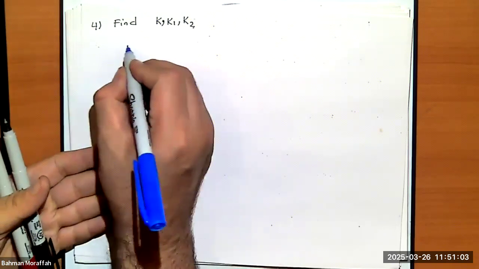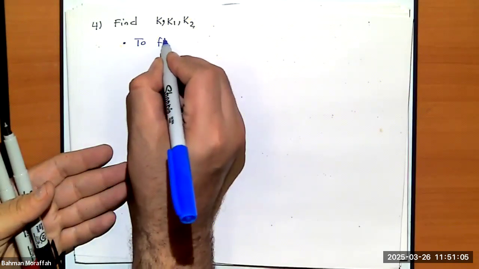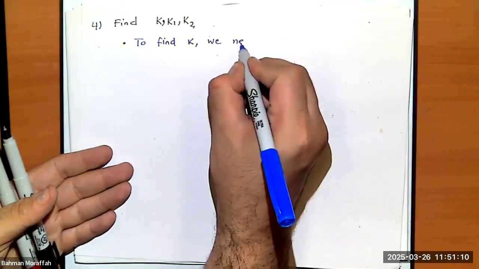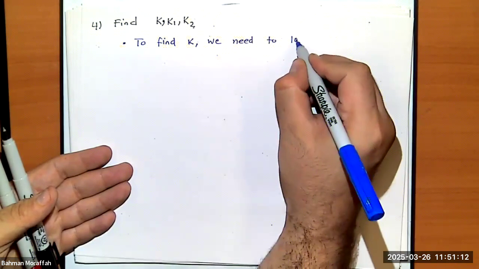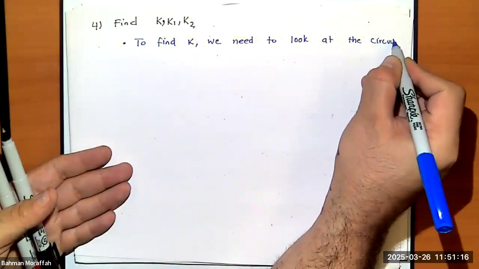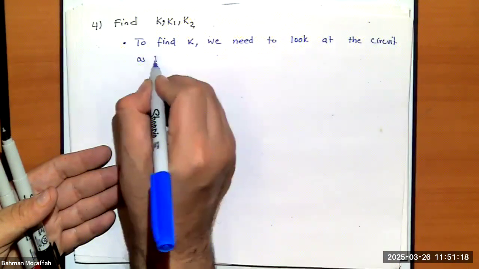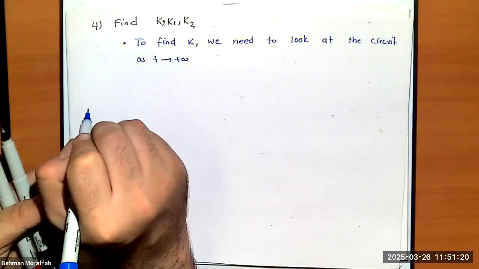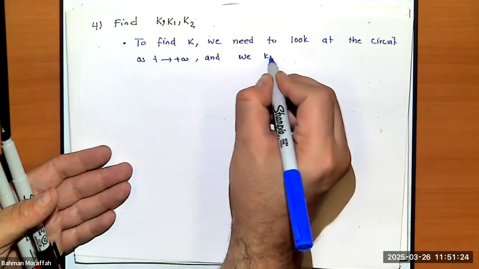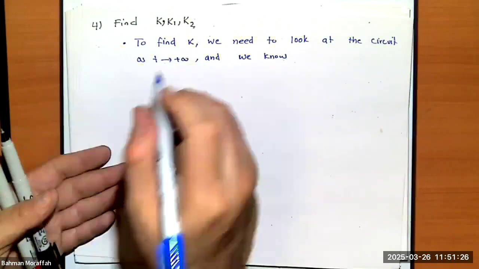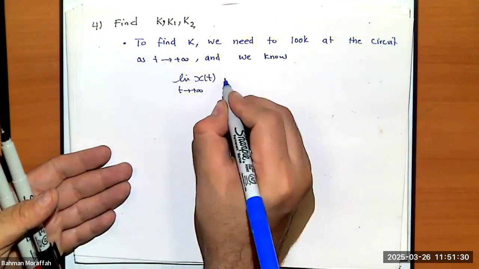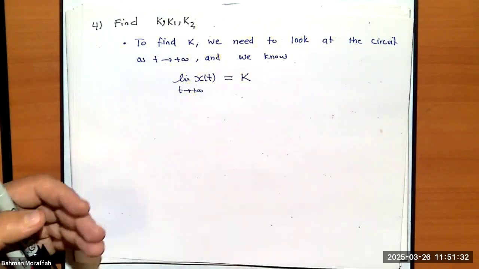So to find K, we need to look at the circuit as t approaches infinity. And we know the limit of x(t) when t goes to infinity is indeed this K.